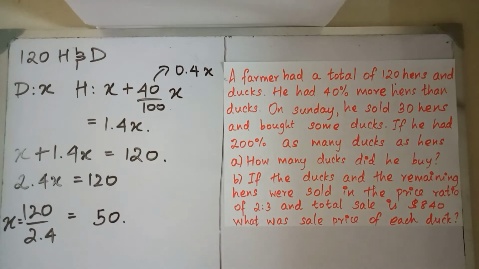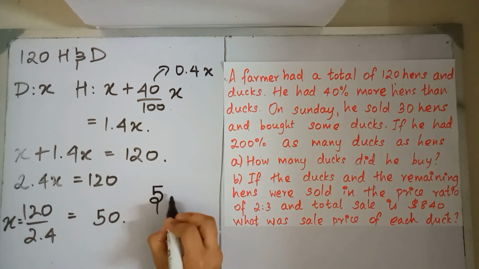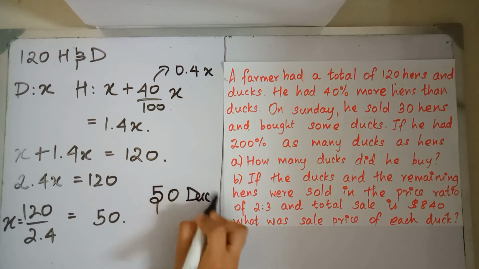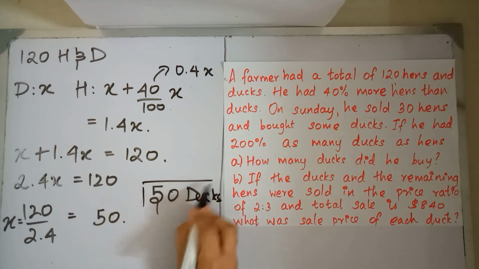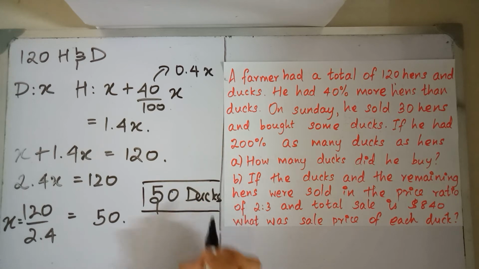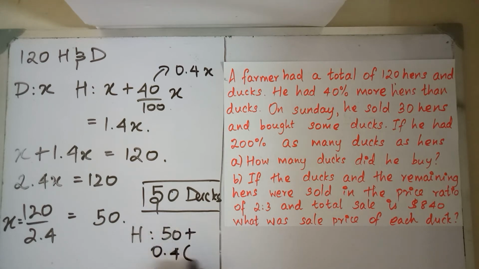So now we know the number of ducks and hens initially. So initially he has 50 ducks, and the number of hens can be calculated by taking 50 plus 0.4 into 50.